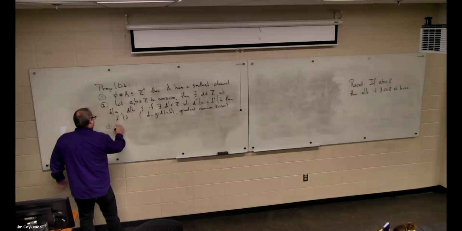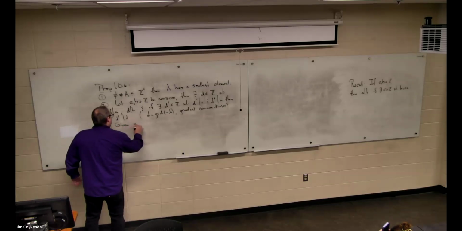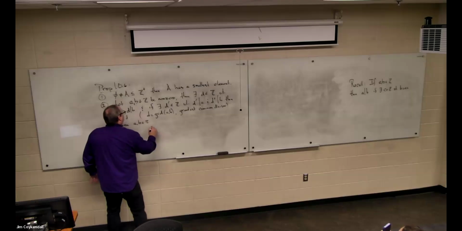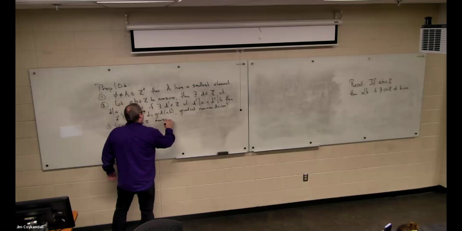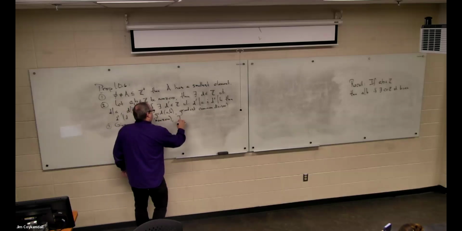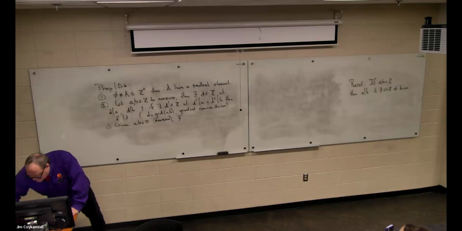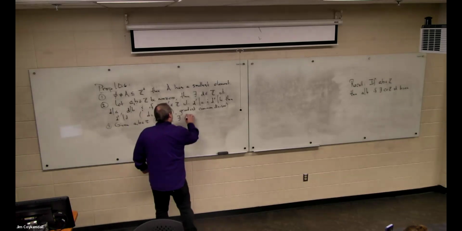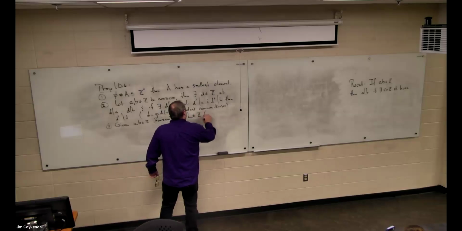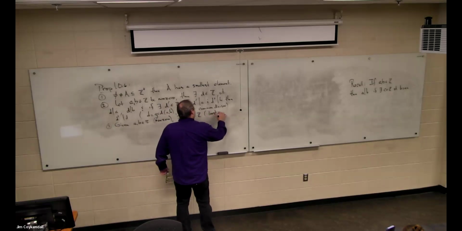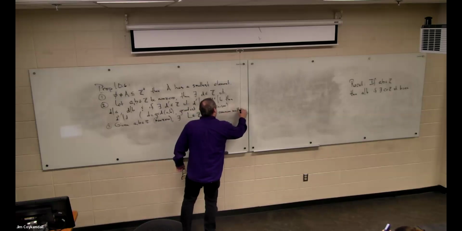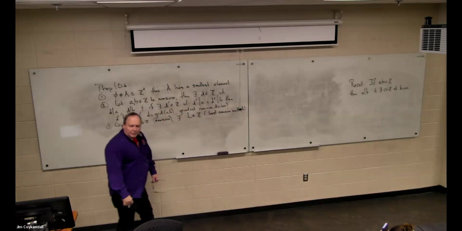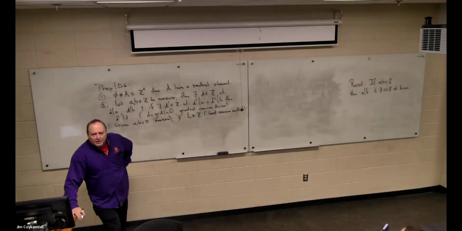Number 3. Given A, B in Z non-zero, there exists an L in Z. This is called the least common multiple. Now, what do you suppose it means to be the least common multiple?